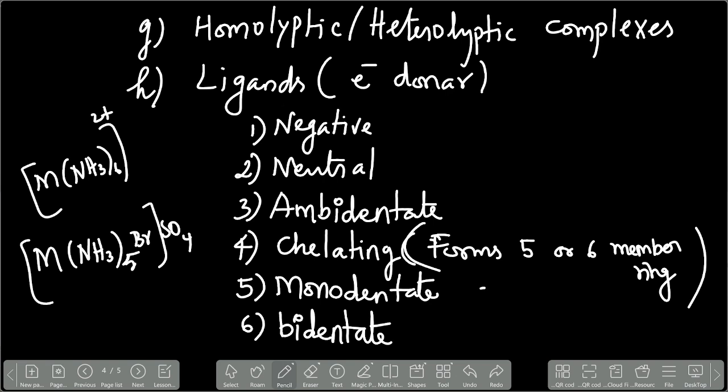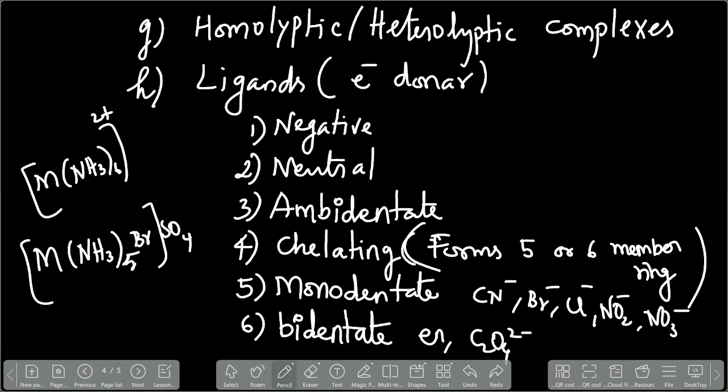Examples, CN minus, Br minus, Cl minus, NO2 minus, NO3 minus, right? For bidentate, en, C2O4 2 minus, ethylene diamine and oxalato ions. These two are the examples for bidentate.